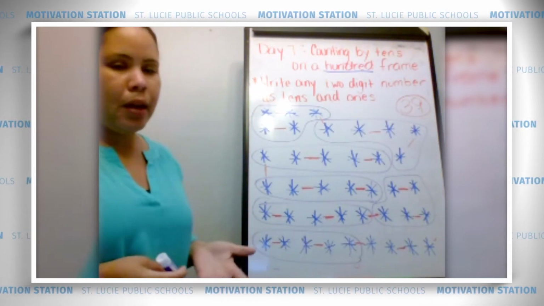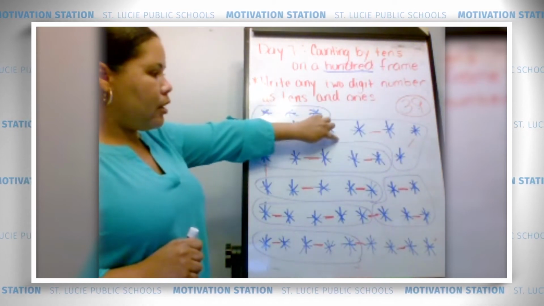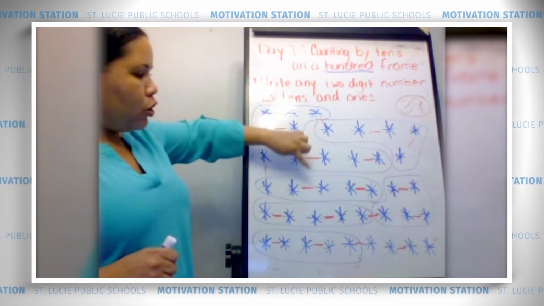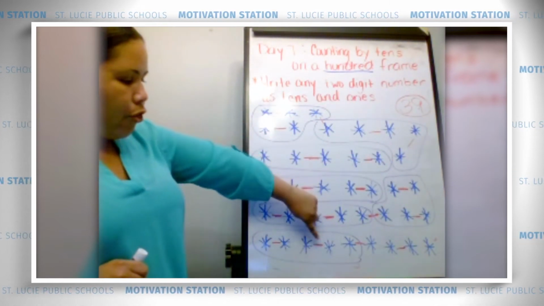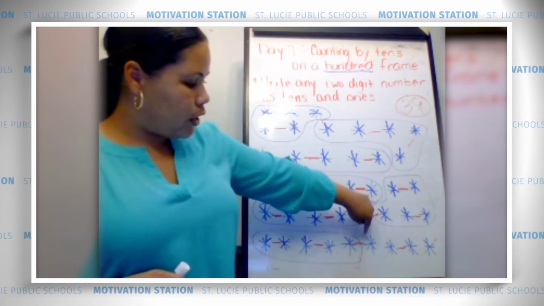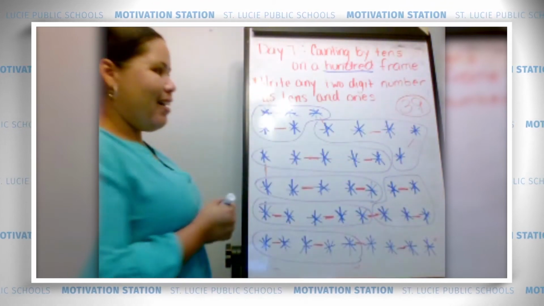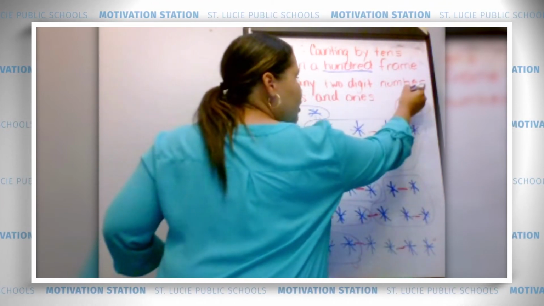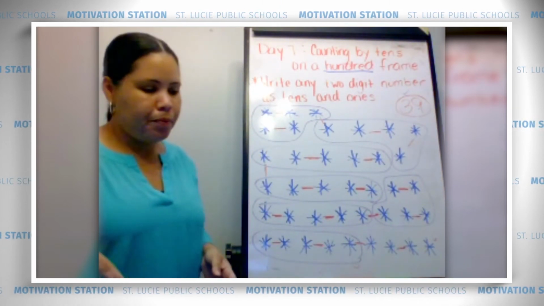But now that I've grouped them, let's count by 5s. 5, 10, 15, 20, 25, 30, 35, and let's count these individually. 36, 37, 38, 39. I got 39 even when I counted them by 5s.